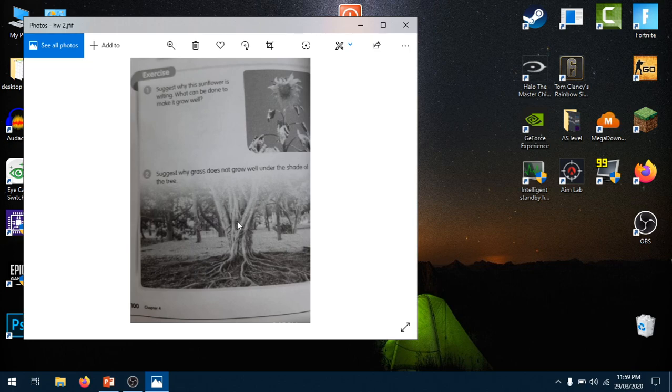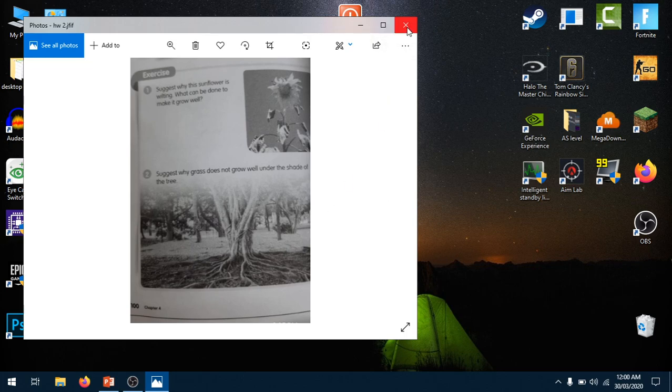This big plant does not allow the sunlight to come to this place. So the small plants will not grow well because of this big plant. So what will you write here? You will write: because the sunlight cannot reach here properly in this place.